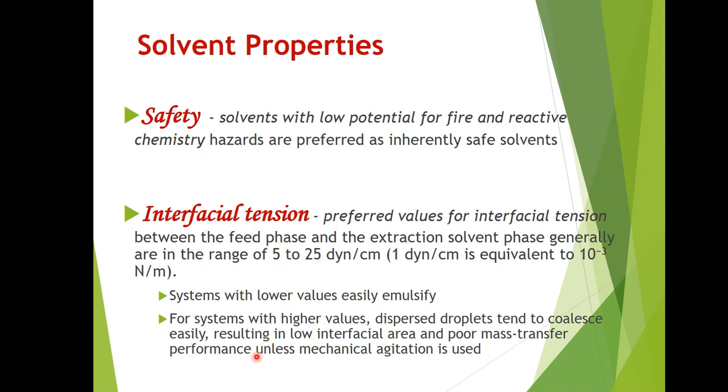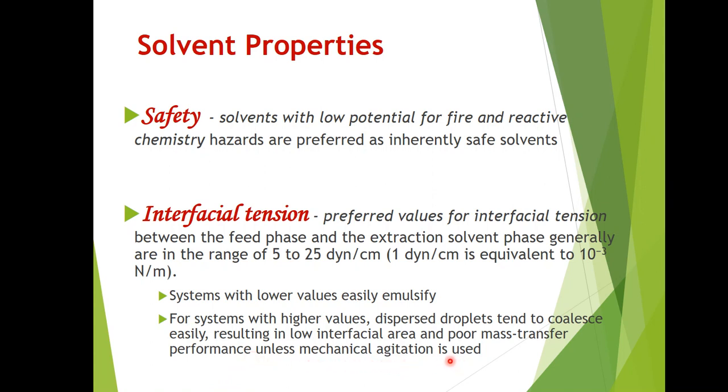Now for systems having high interfacial tension, probably greater than 25, the dispersed droplets tend to coalesce easily, resulting in low interfacial area and poor mass transfer performance unless mechanical agitation is used.